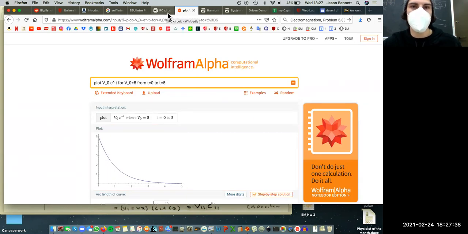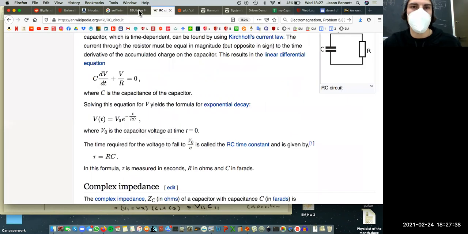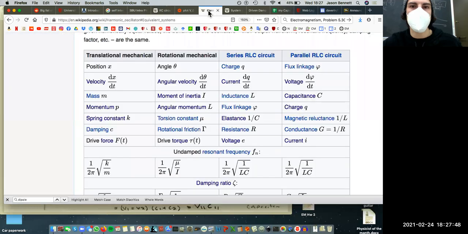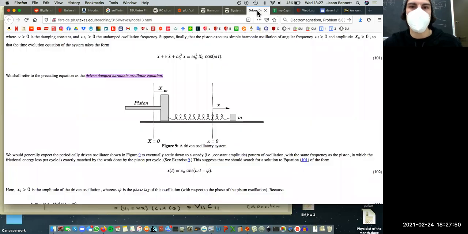The interesting thing about this is not at all mentioned in the lab report. It's really a relationship to something you did in 133. There was no piston in 133.